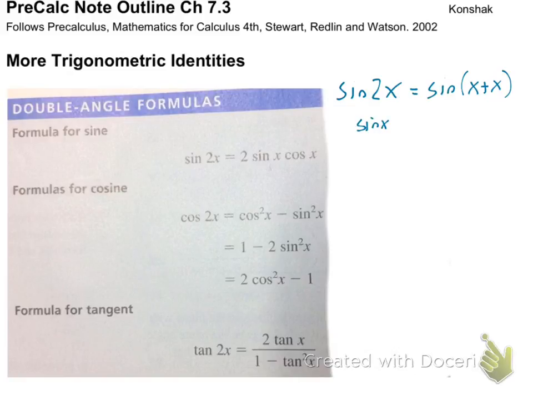Sine of x cosine x plus cosine x sine x. Hey, wait a minute. Those are the exact same thing, just different order for multiplication. That's fine. And if I have 2 things added together, I have how many of them? 2 of them. So now we just proved that first identity.